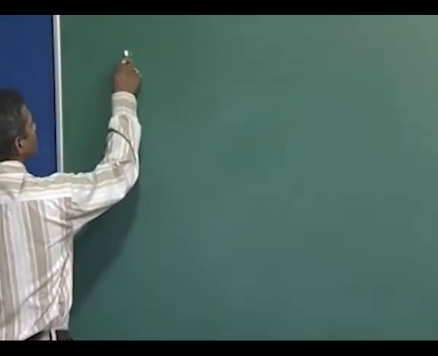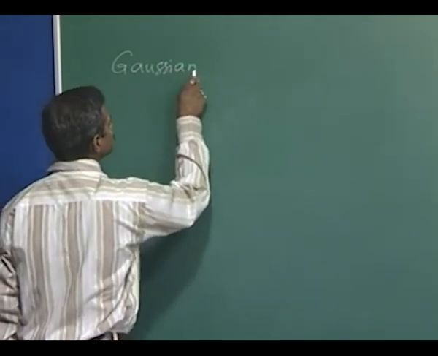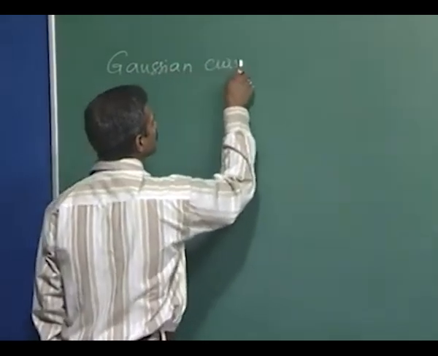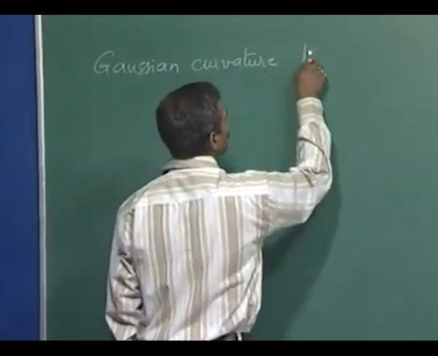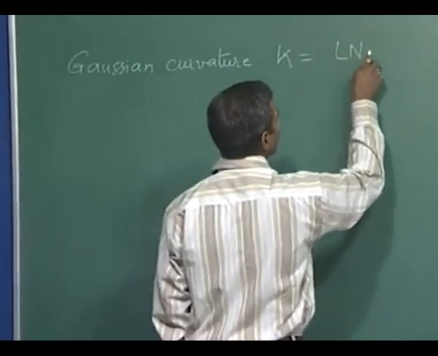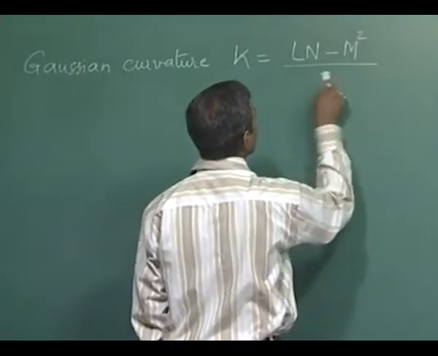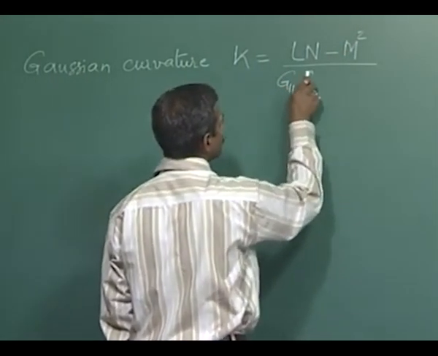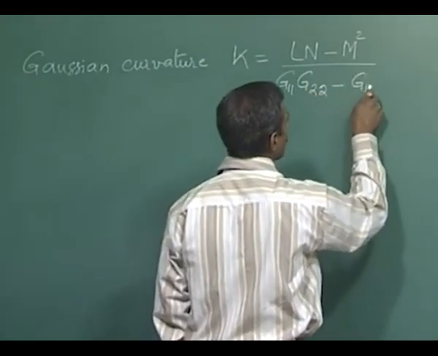The Gaussian curvature K is given by (Ln minus M squared) over (G11 G22 minus G12 squared).